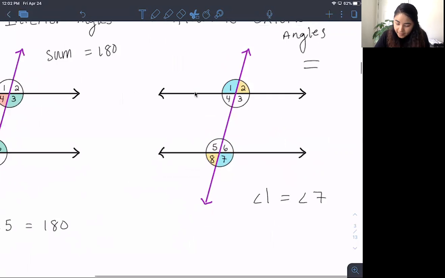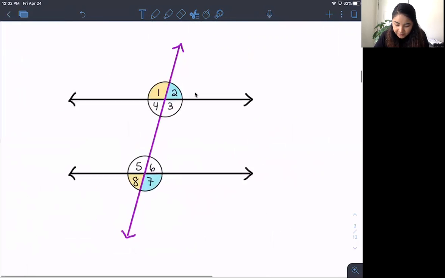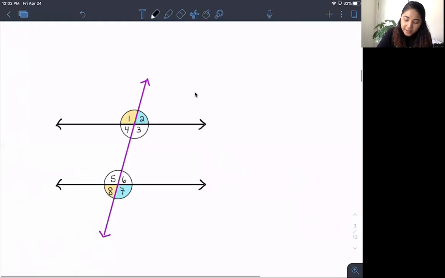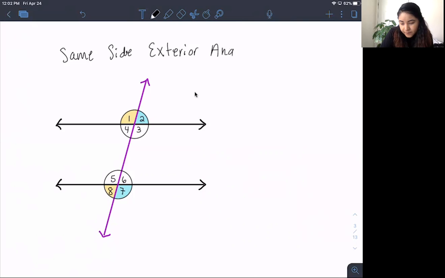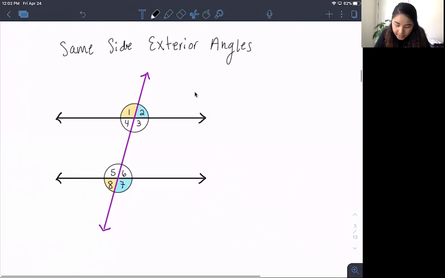Okay. Then we're going to move on to the last relationship, which is also exterior angles, but these are same side exterior angles. Again, they're on the same side of the transversal, angle 1, angle 8, angle 2, and angle 7, and they're on the exterior, on the outside of the parallel lines.